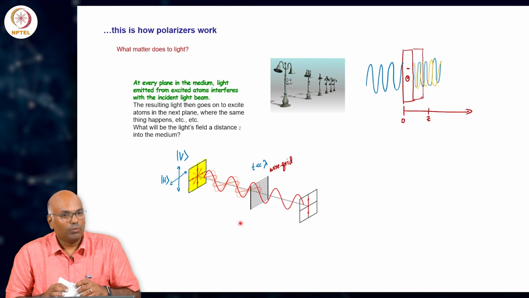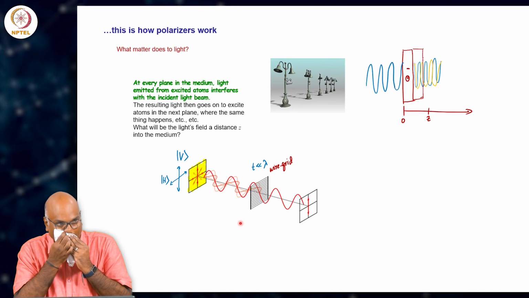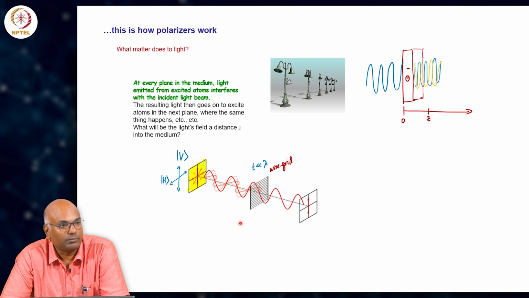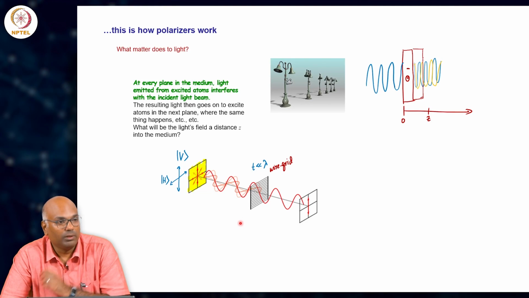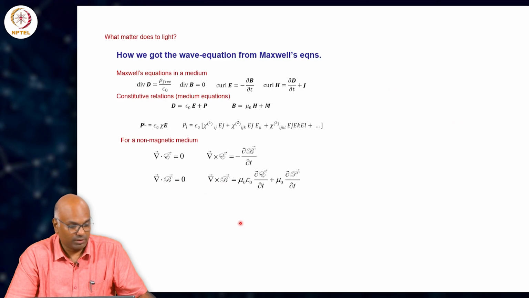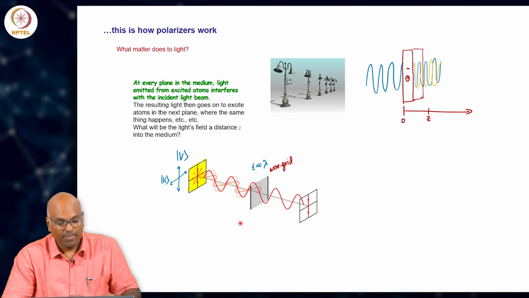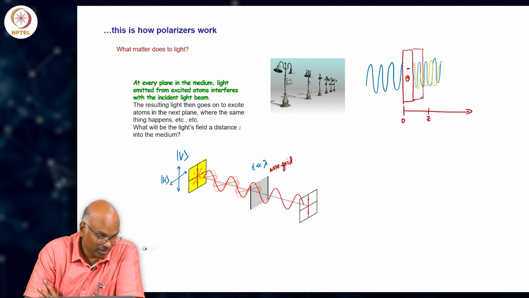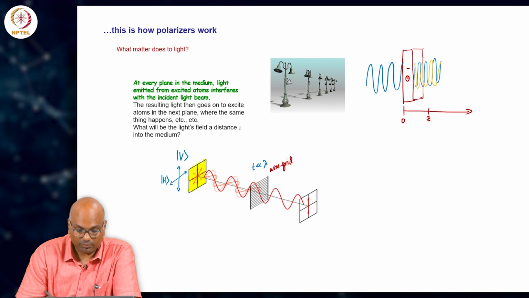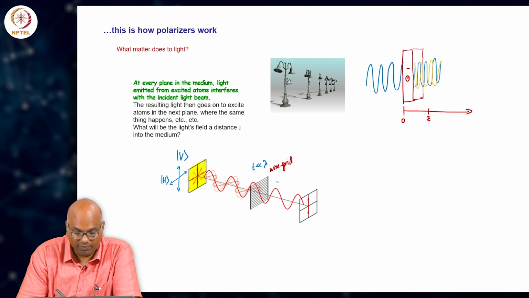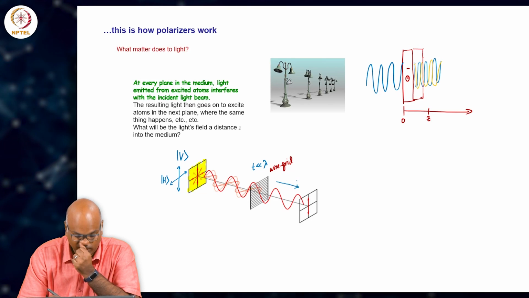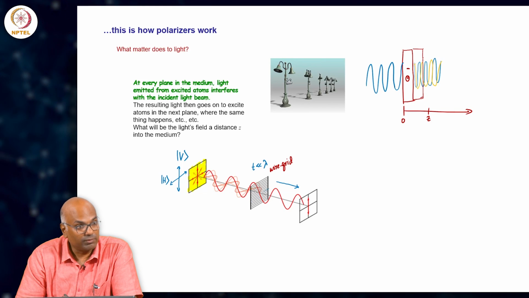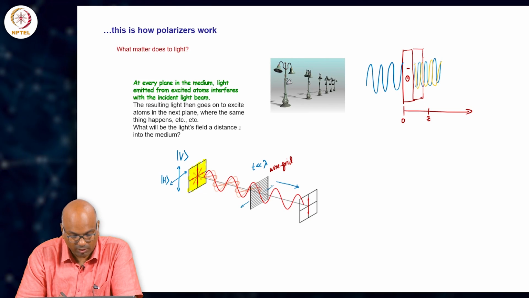So, why is that so? What is the logic behind this? The logic behind this is the fact that this polarizer works by the principle that as far as the wave propagating in the forward direction is concerned, the oscillating electrons which are oscillating in the horizontal direction emit a wave.